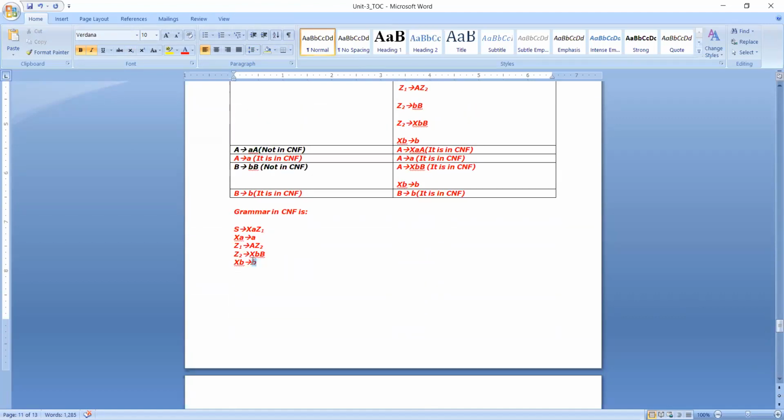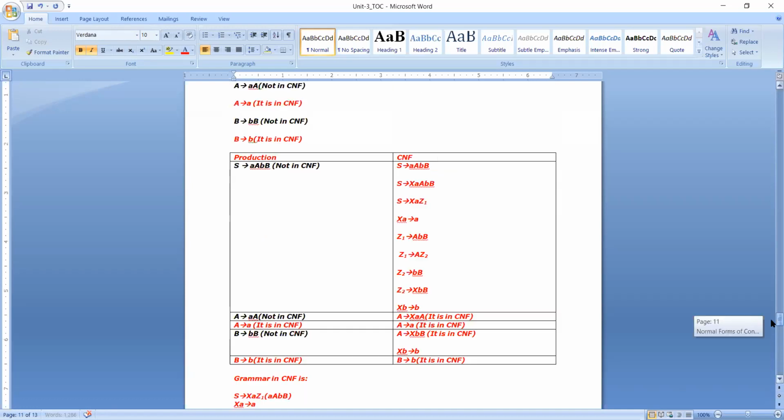Substitute XB in Z2, and you will get small b capital B. Then substitute Z2 in Z1, and you will get capital A small b capital B. When you replace XA and Z1, XA is small a, and Z1 is capital A small b capital B. Did we get the same production we are looking for?